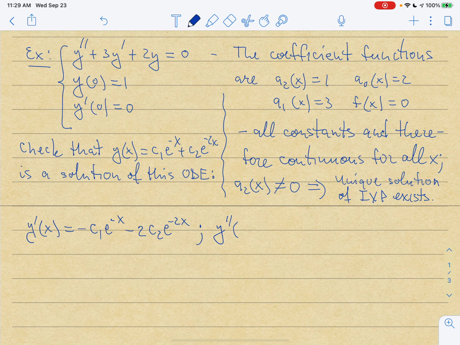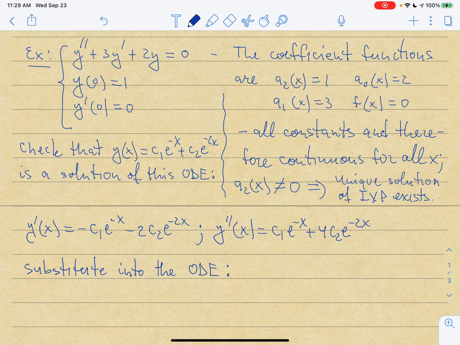Y double prime of x is going to be c1 e to the minus x plus 4 c2 e to the minus 2x, again by the chain rule. And then I substitute this into the ODE.